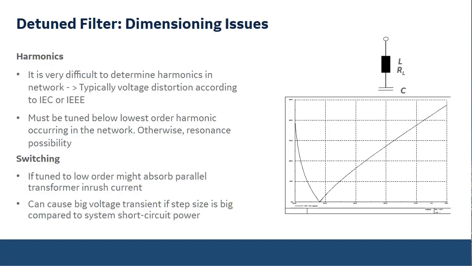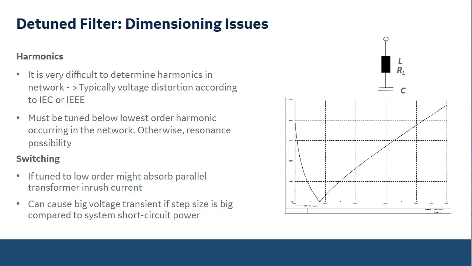The dimensioning issues in there, it's very difficult to determine the harmonics in the network typically, because typically when we have an inquiry, there are not given any harmonics to us. So it is difficult. Then we do the dimensioning according to the IEC or IEEE, as I showed earlier.